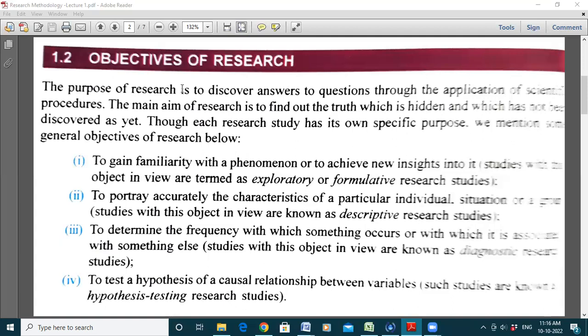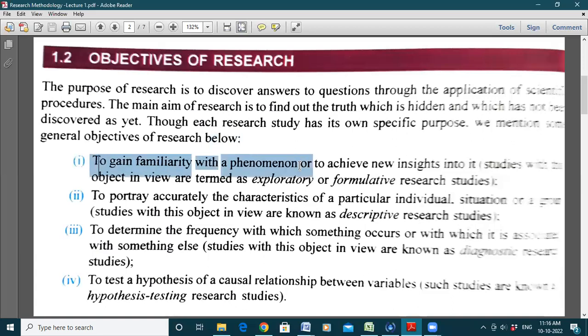So some general objectives are there that you need to know. First one is to gain familiarity with a phenomenon or to achieve new insights into it. Regarding a phenomenon, you need to find out some new insights. That is the first objective of any research.